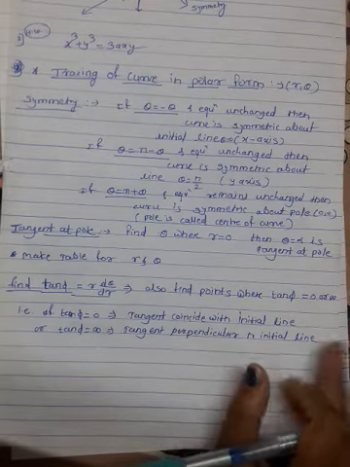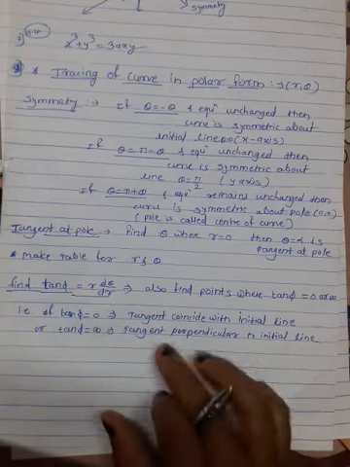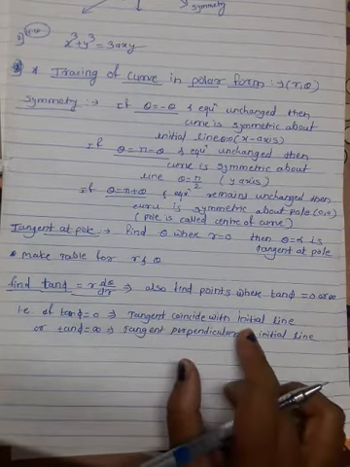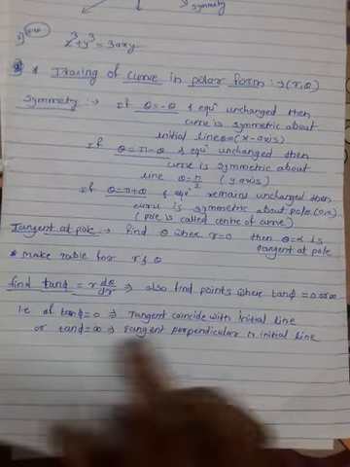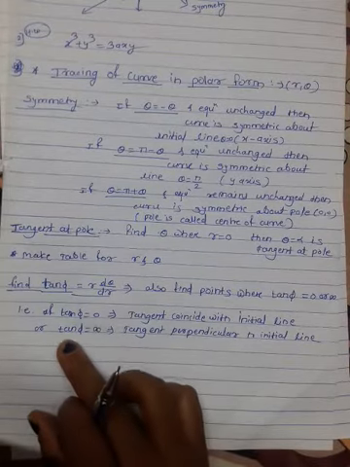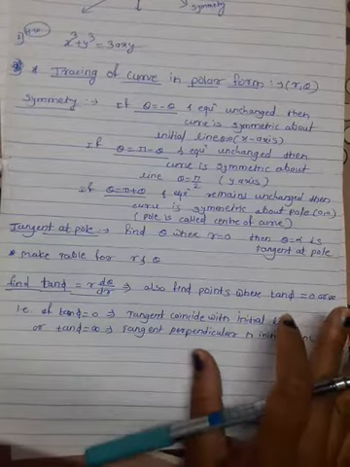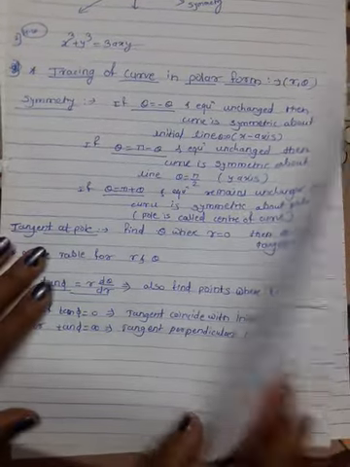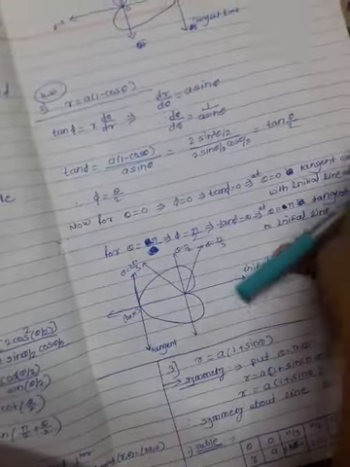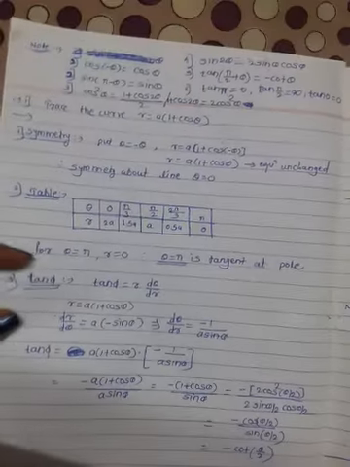We have to draw that tangent, or it is already there. We just make sure it coincides with the initial line at that point. And if it is infinity, then the tangent is perpendicular to the initial line. This is the only theory for the polar form. Now let us see the curves.